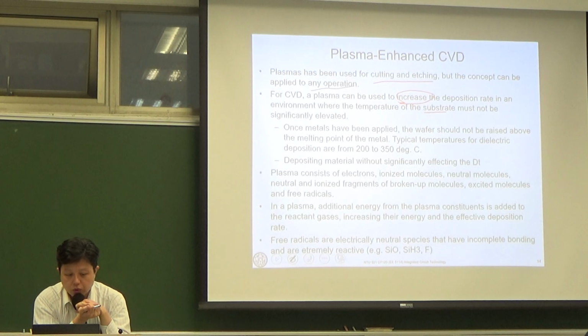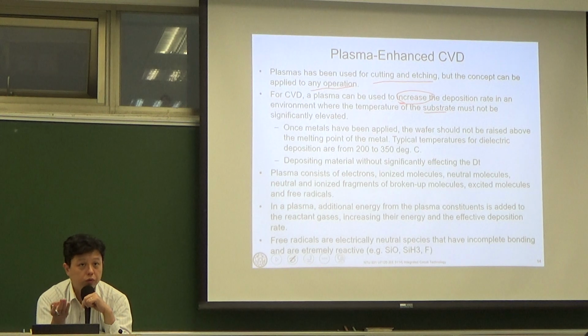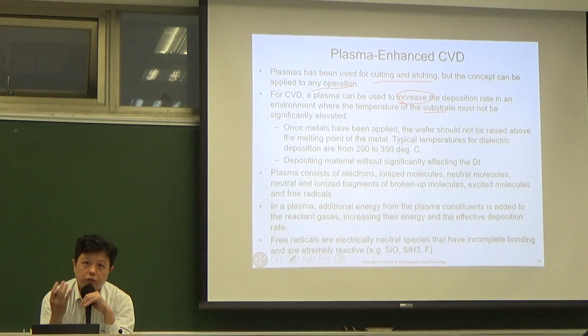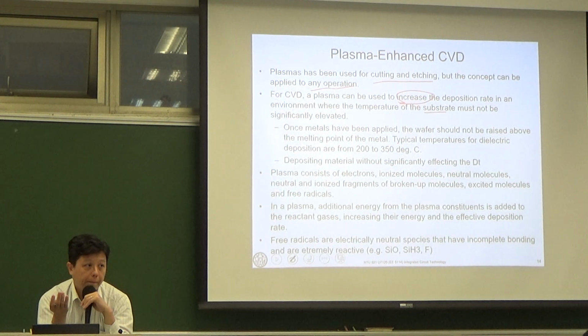Okay. So once we have this plasma, we don't need to increase the temperature to much higher temperatures. We can maintain a low temperature, especially in the case where you already deposited metal on top of our substrates.